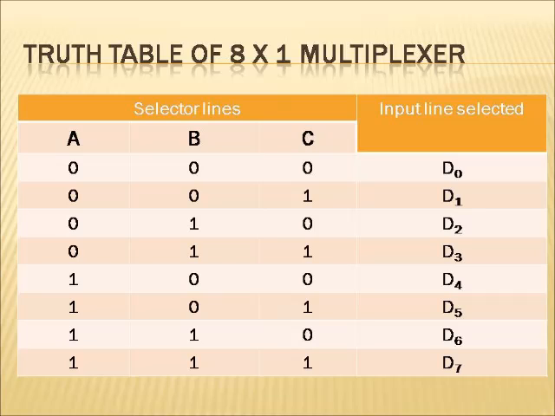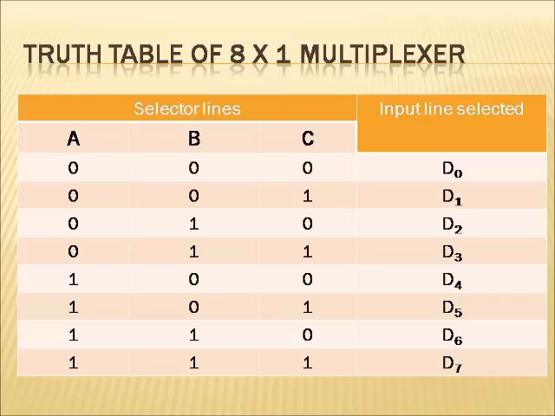Here you can see the truth table of an 8-into-1 multiplexer. This truth table tells you, based on the selector line values, which input will be selected at a time. When A is equal to 0, B is equal to 0 and C is equal to 0, you can see that the input line D0 will be selected.